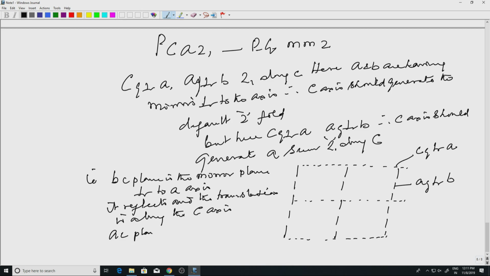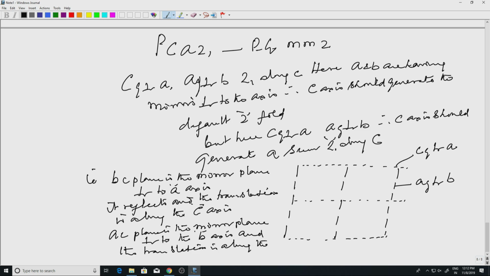AC plane is the mirror plane perpendicular to the B axis and the translation is along the a-axis.